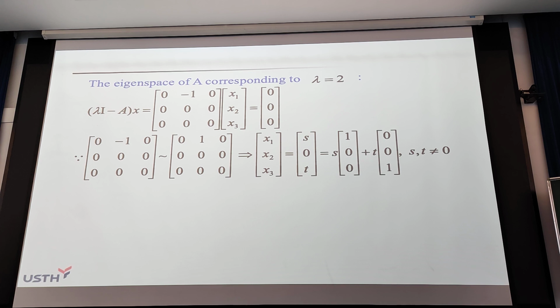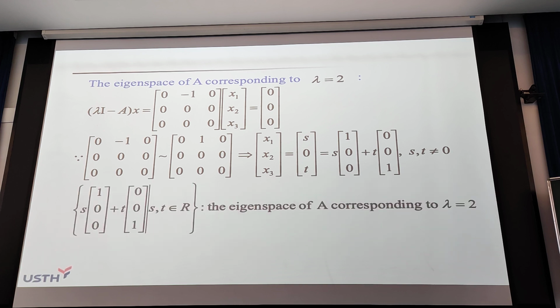With that, you see the eigenspace of A corresponding to lambda equals 2 will be that one. It has a basis consisting of two vectors, that and that, so the dimension of the eigenspace is 2.